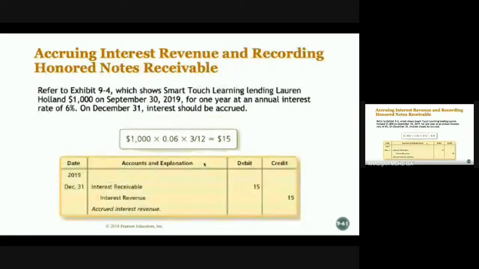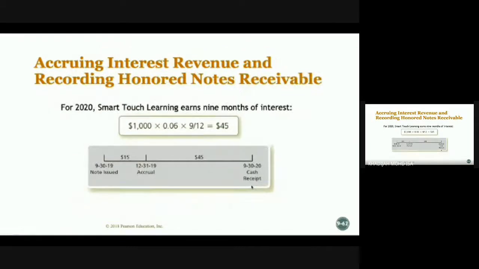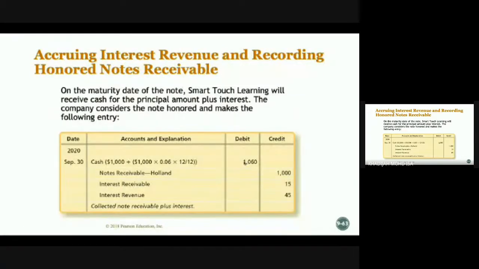The interest receivable is receivable, but when you actually receive that amount, you close that interest receivable account. I know that it's confusing, but that's how it works.